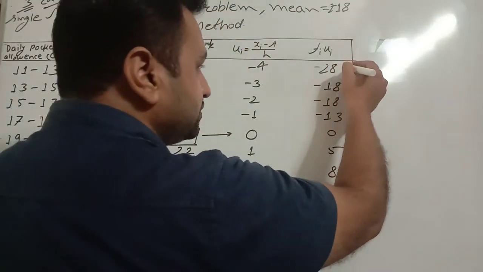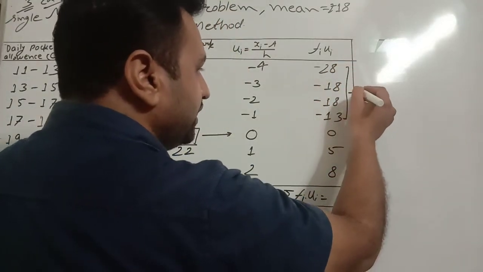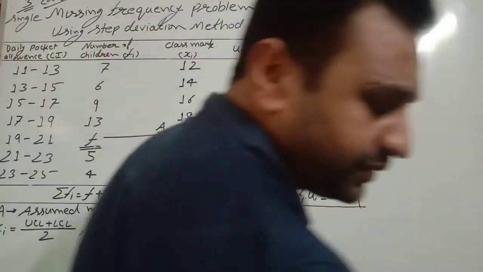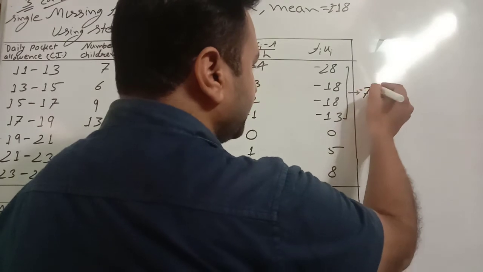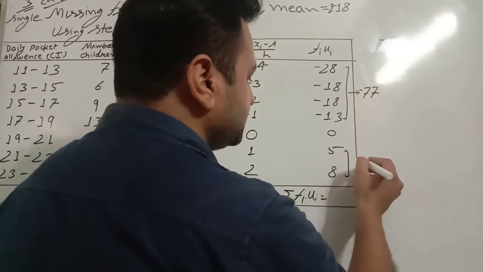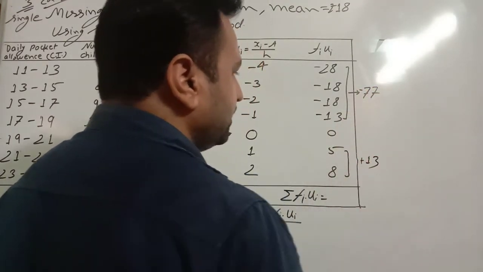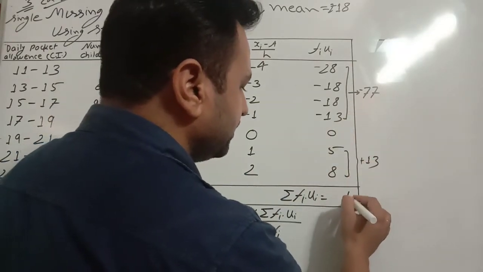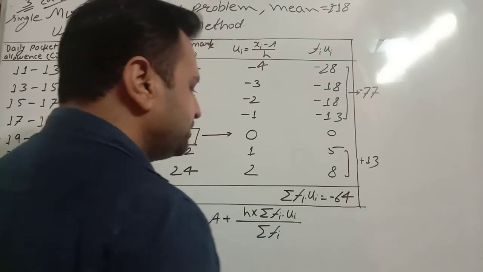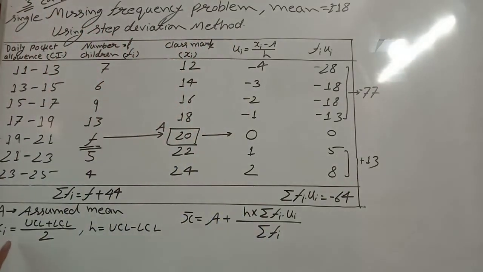Firstly we find the sum of these numbers, which is -77, and the sum of these two numbers is +13, and after this the sum is -64. And h is upper limit minus lower limit, so the value of h is 2.